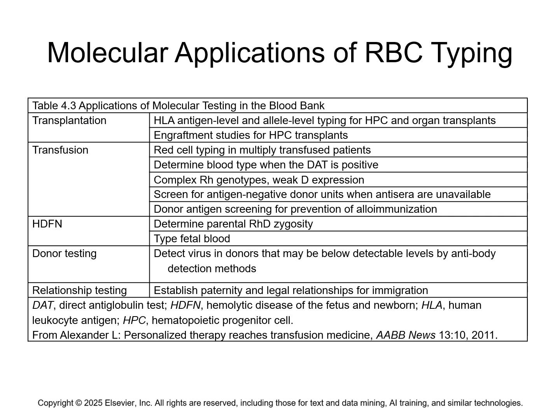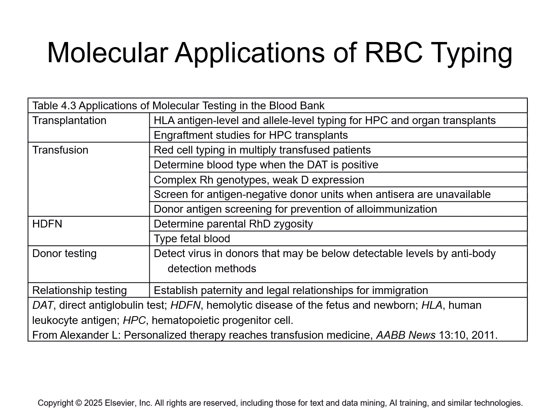While this RBC molecular typing is not really done a lot for our patients, it is done to give us a more accurate picture of the blood that we are giving to our patients from the donors. So in transplantation, we use molecular typing for HLA antigen level typing for transplants.